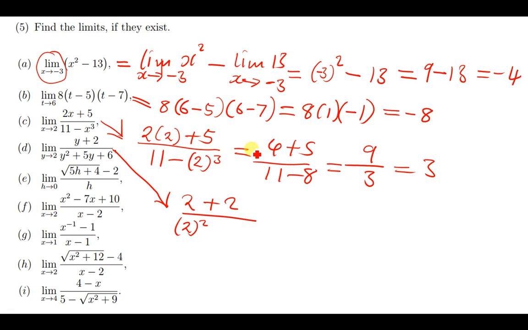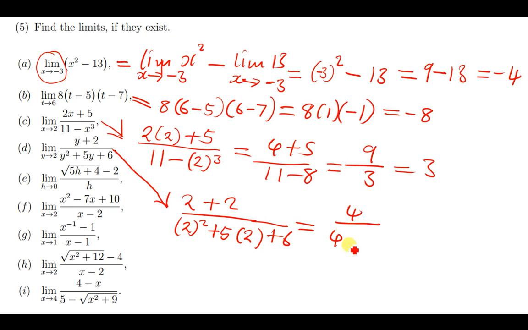Okay, so you have this, and then you replace x, you put 2 there. Then you're going to have 2 plus 2 on top. Down there you're going to have 2 squared, and then plus 5 times 2, and then plus 6. So let's see what we're going to get. On top there we're getting 4, and then down there we're going to have 4 plus this, which will give us 10.